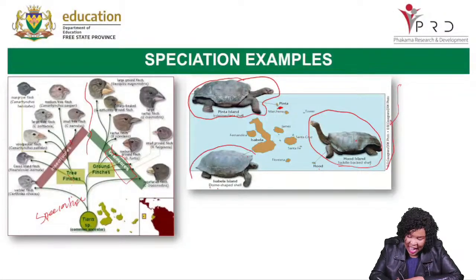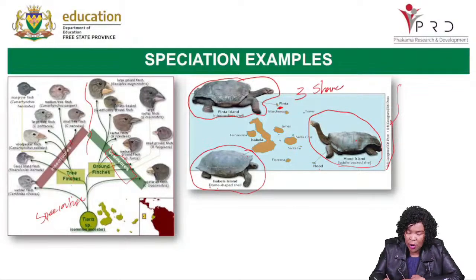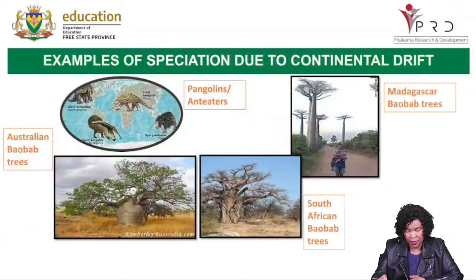So their shells are different based on where they are found. It means somewhere, somehow, all these three shared a common ancestor. Then you can tell us how they became so different. It is through speciation, due to separation of land by water or the ocean or continental drift.